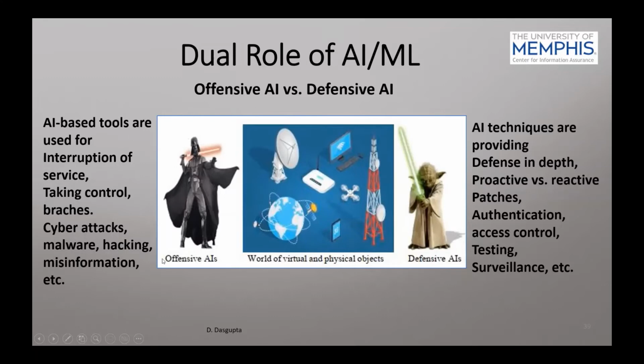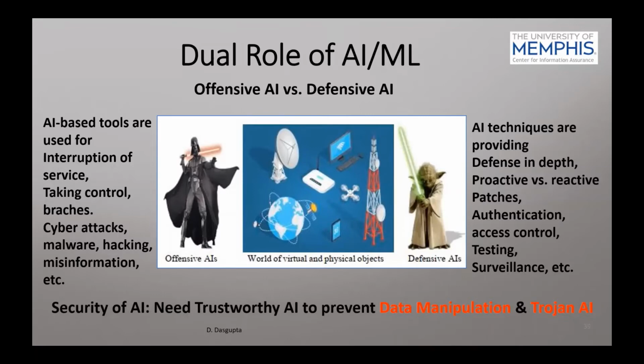These are all offensive AIs. In the case of defensive AI, they provide defense in depth, proactive and reactive patches, authentication, access control, testing, and surveillance. So you can see that AI/ML can take multiple roles, and under different roles, it can take many facets of its applications.